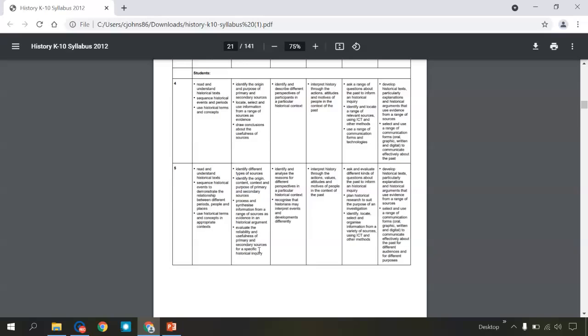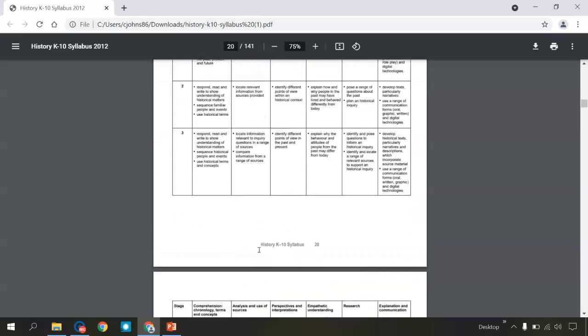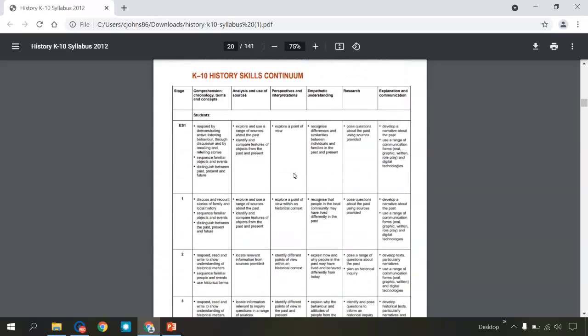So you see from early stage 1 to stage 5 the development. And if you just read through them all and start from the top and see how they build.